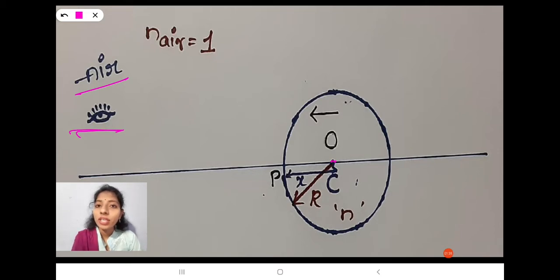Now the refractive index of the air is equal to 1, that is n equals 1.